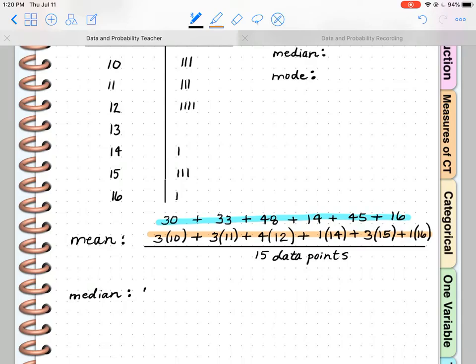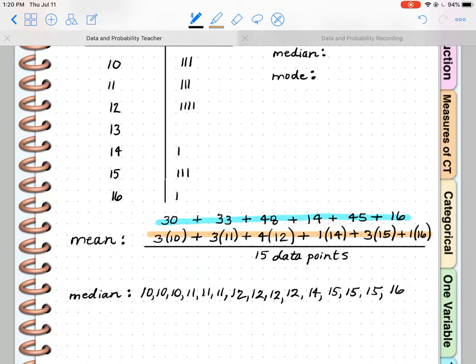But I have 3 10s, 3 11s, 4 12s, a 14, 3 15s, and a 16. We should have 15 data points. 1, 2, 3, 4, 5, 6, 7, 8, 9, 10, 11, 12, 13, 14, 15.